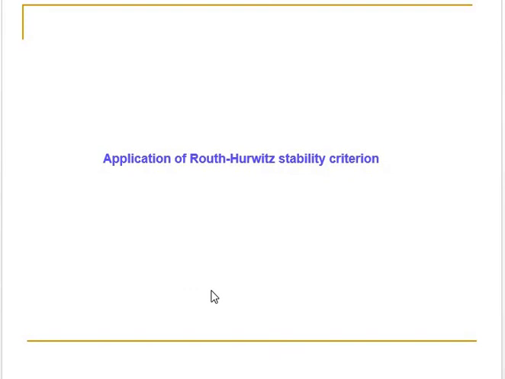Okay. Next we look at the application of the Routh-Hurwitz stability criterion. Usually you can use this method in root locus. In root locus, sometimes we apply the Routh-Hurwitz criterion to find the constant K, for example.